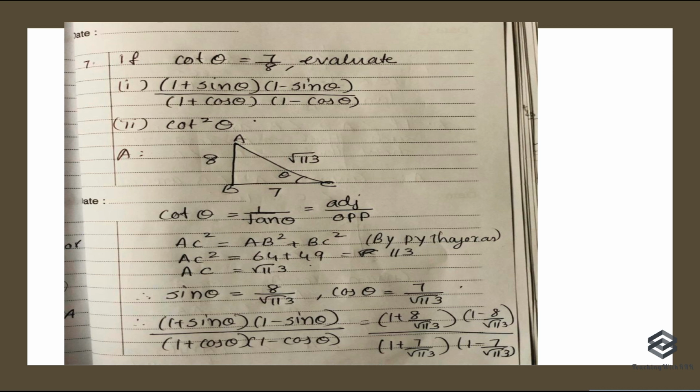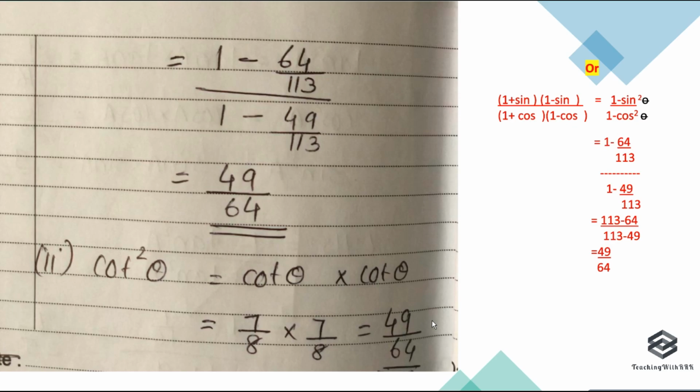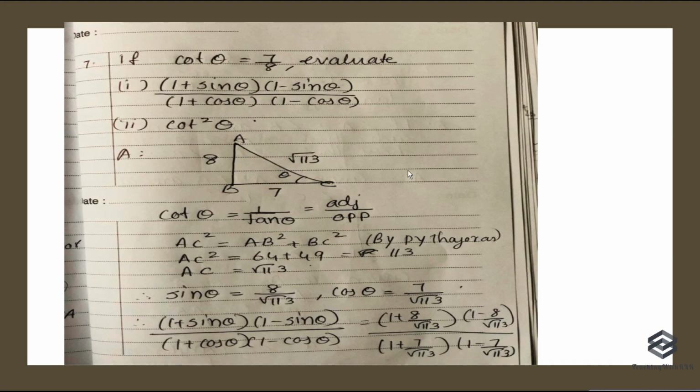Simplify this. Now this becomes in the form a plus b into a minus b. What is a plus b into a minus b? A plus b into a minus b is a square minus b square. So this becomes 1 minus 64 by 113 divided by 1 minus 49 by 113. Numerator: a plus b into a minus b, a square, a is 1, b square, b is 8 by root 113. 8 square 64, root 113 square 113.